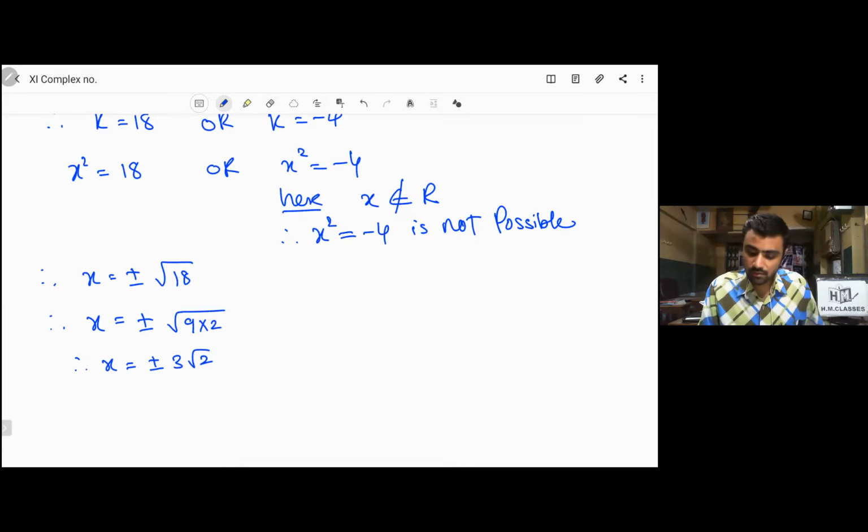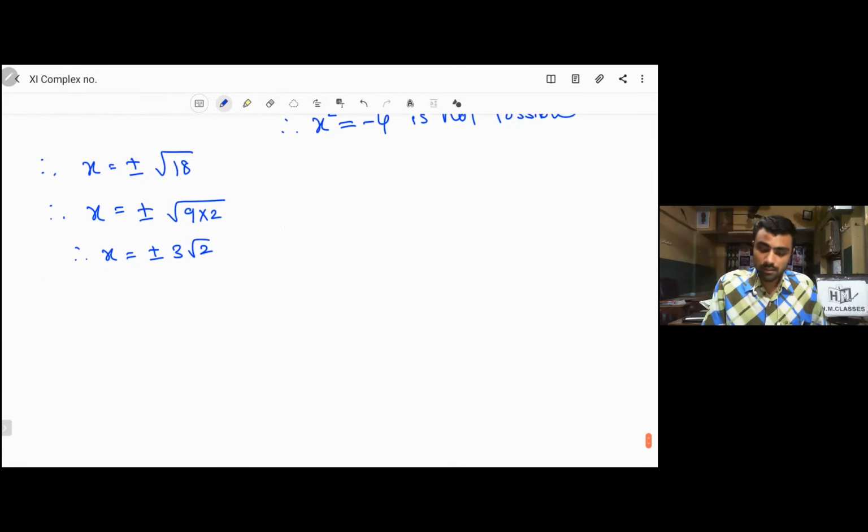So plus or minus 3 root 2 we got as a value for x.